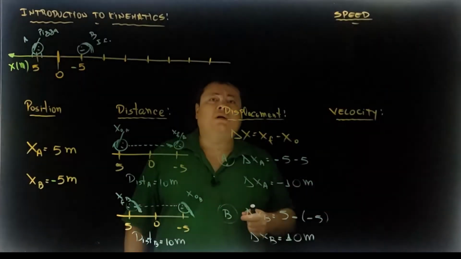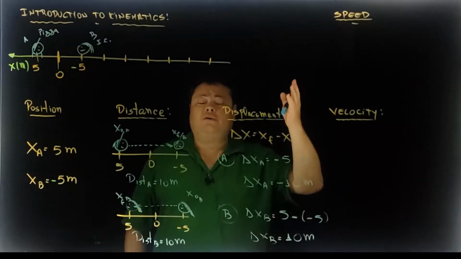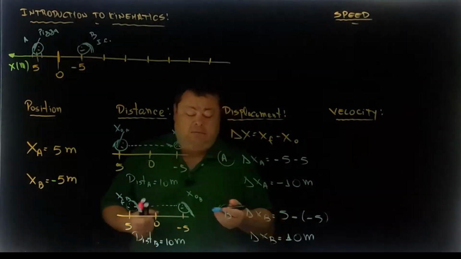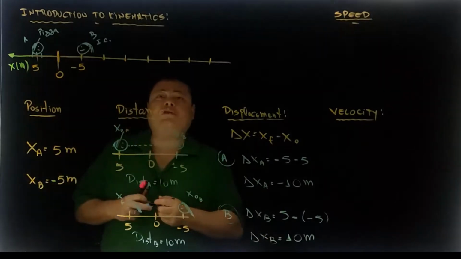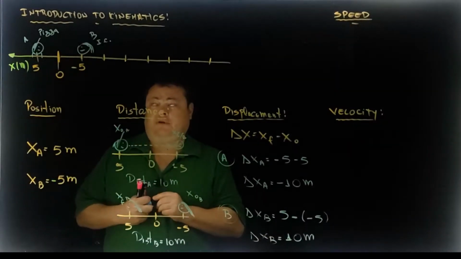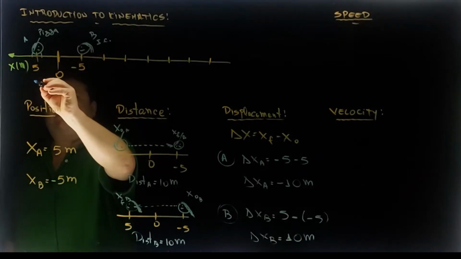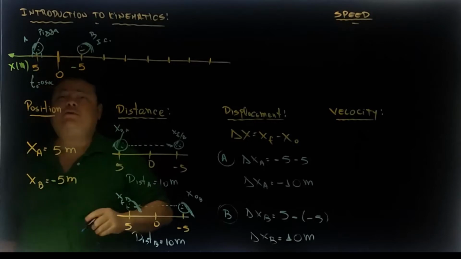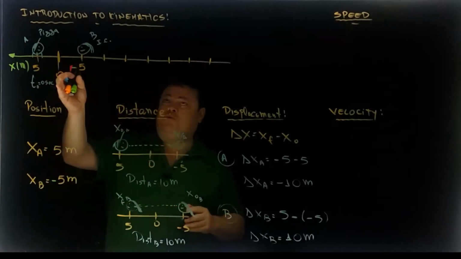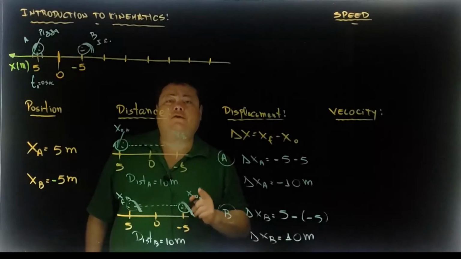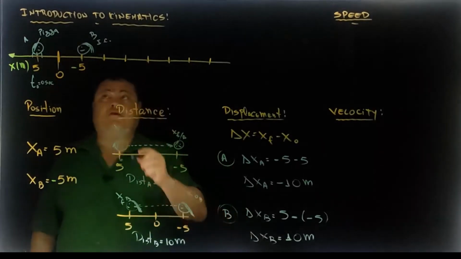So let's now talk about speed and velocity. Let's say that she convinced him to have ice cream. So at a time equals to 0 seconds, he will start walking from his initial position towards her. But he decides to first buy her a gift.